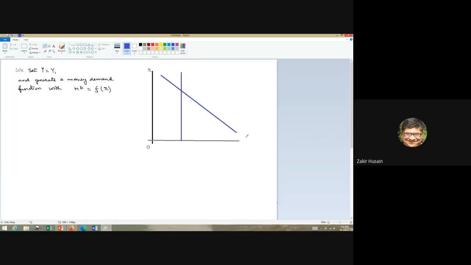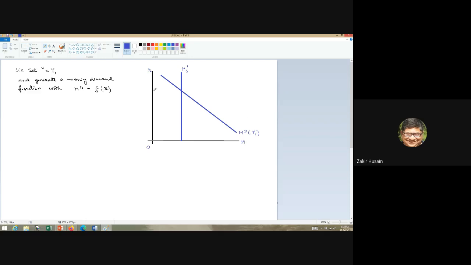So we have R and this is M. This is the money supply function and this is the money demand function derived for y1.